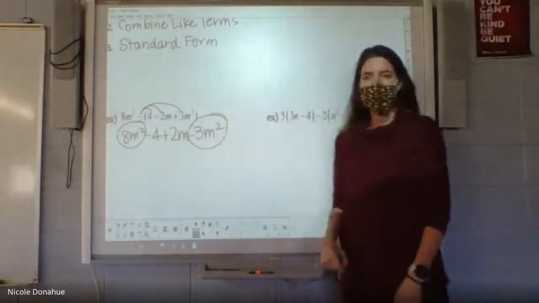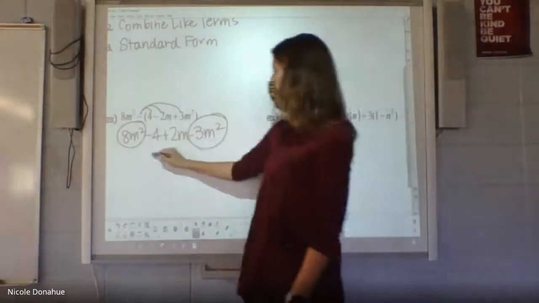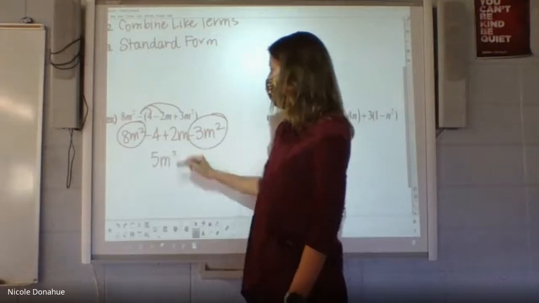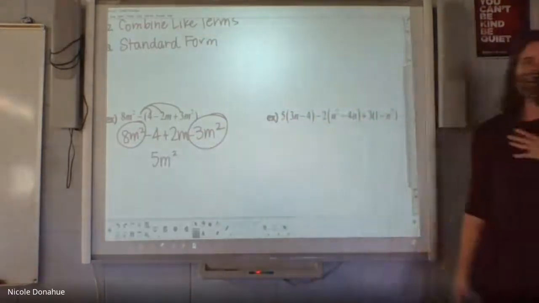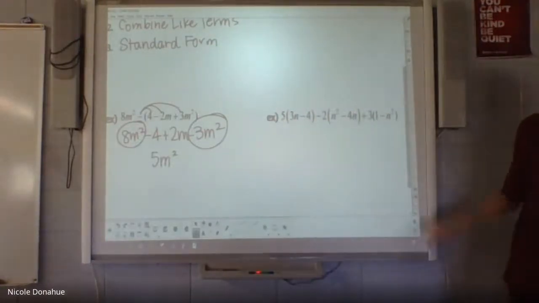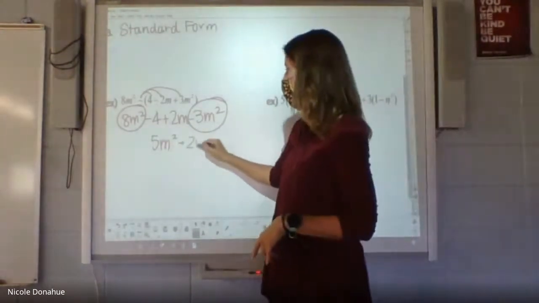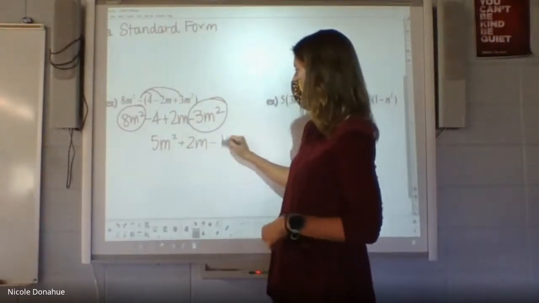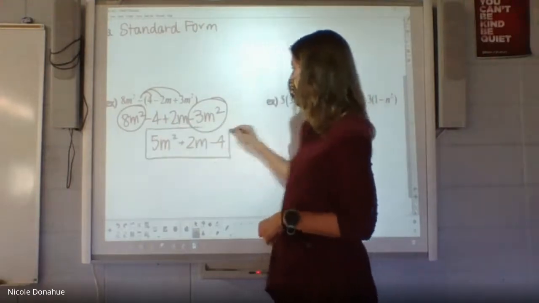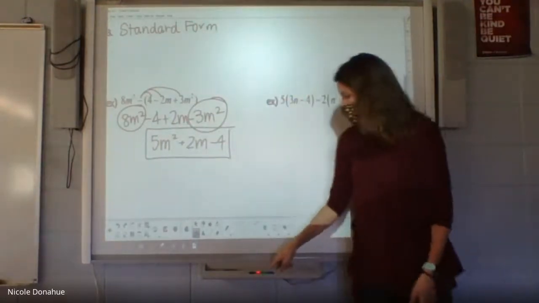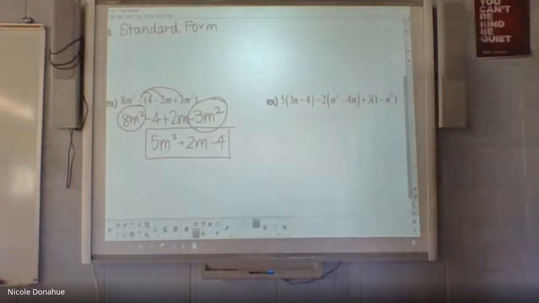So I have my 8m squared minus my 3m squared, so that's 5m squared. Again, I like to do standard form right away, so I'm going to write that 2m next, positive 2m, and then just the negative 4. Standard form. I try to kill 2 birds with 1 stone there.